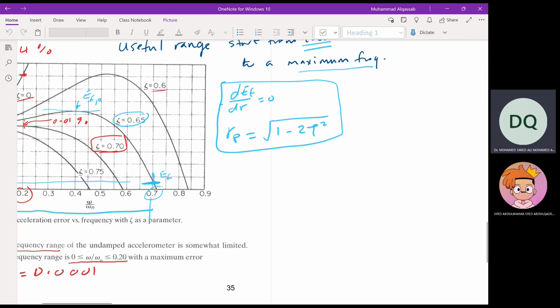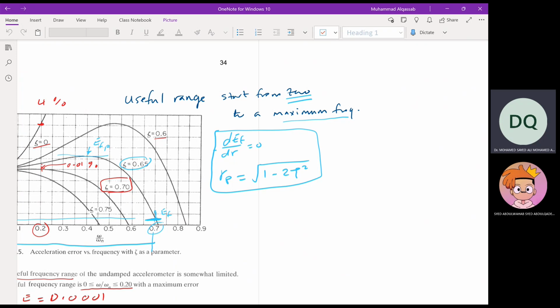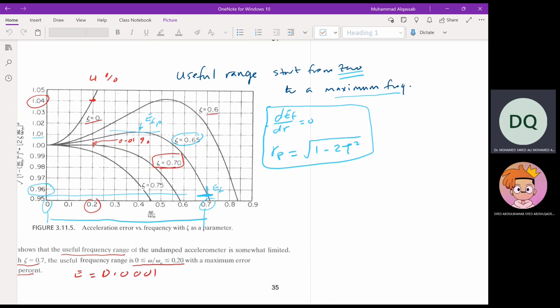In order to check the maximum error within an accelerometer, if a range is given, we have to see if there is a peak within the range. Here I gave an example about 0 to 0.7 frequency ratio, and zeta equal to 0.65. You need to check 2 points: at the end of the range and at the peak.